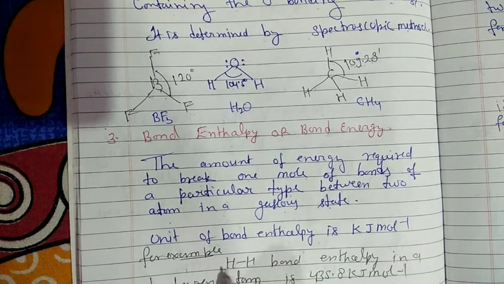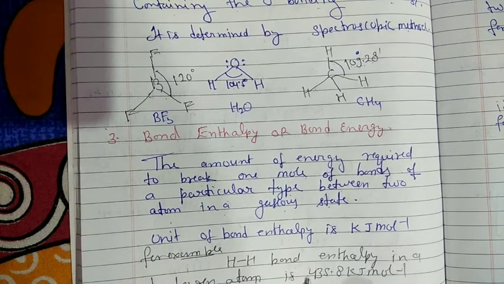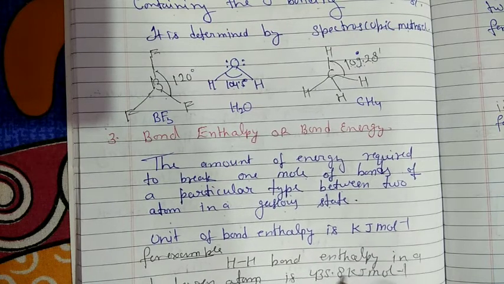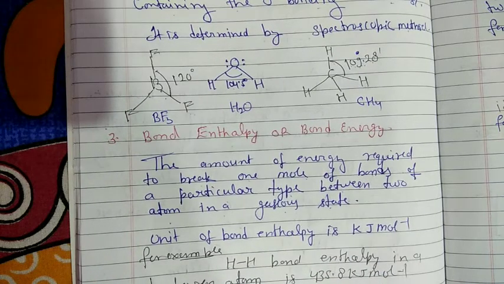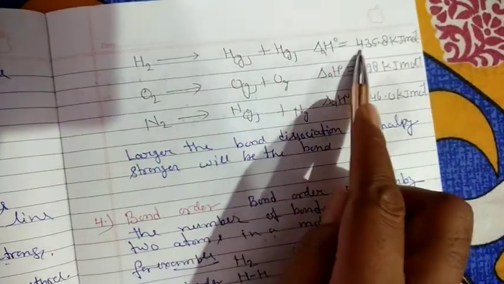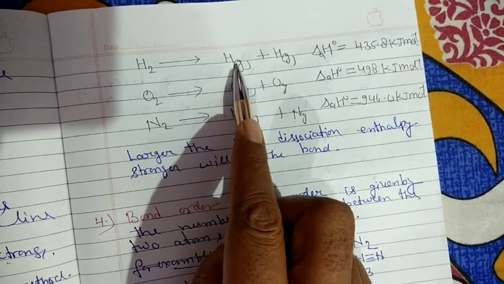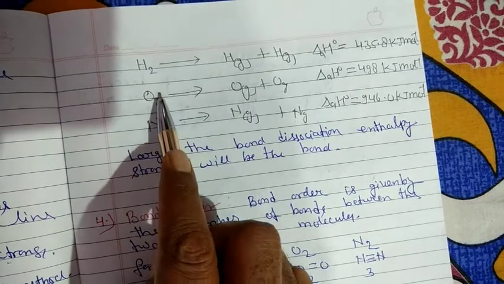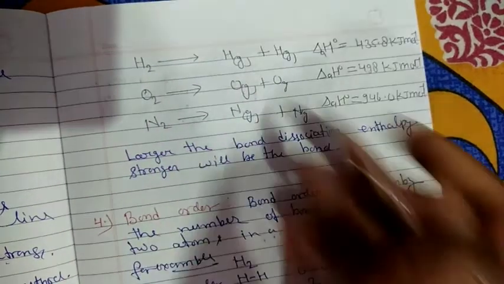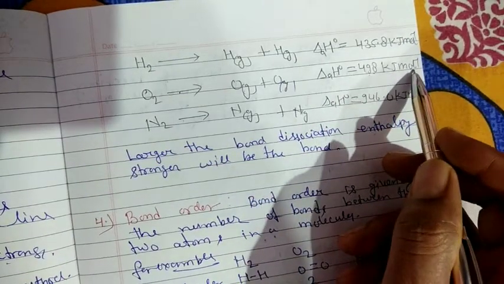For example, the bond enthalpy of hydrogen is 435.8 kilojoule per mole. Similarly, this much energy is required to convert hydrogen into gaseous atoms. Oxygen also gets converted into gaseous atoms, and the energy required is 498 kilojoule per mole.